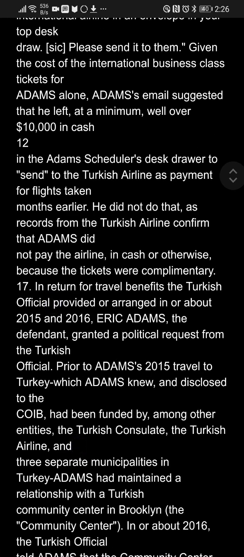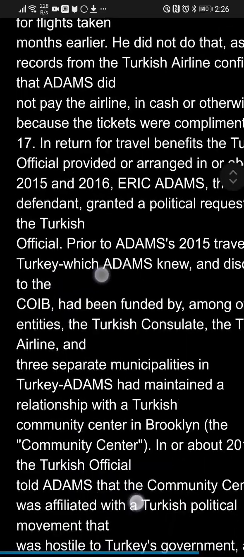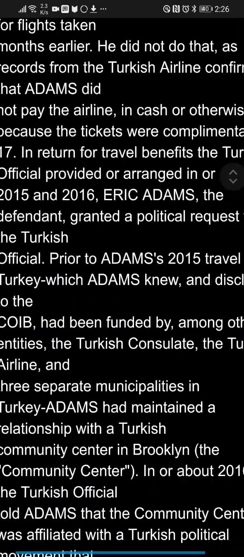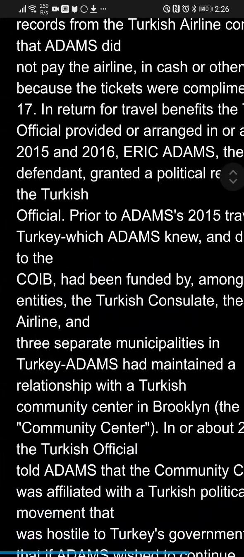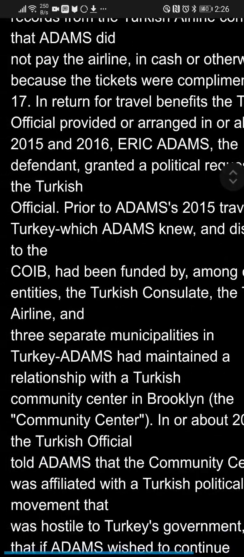Prior to Adams' 2015 travel to Turkey, which Adams knew and disclosed to the conflict of interest boards, had been funded by, among other entities, the Turkish consulate and the Turkish airline, and 3 separate municipalities in Turkey. Adams had maintained a relationship with Turkish Community Center in Brooklyn, the community center.